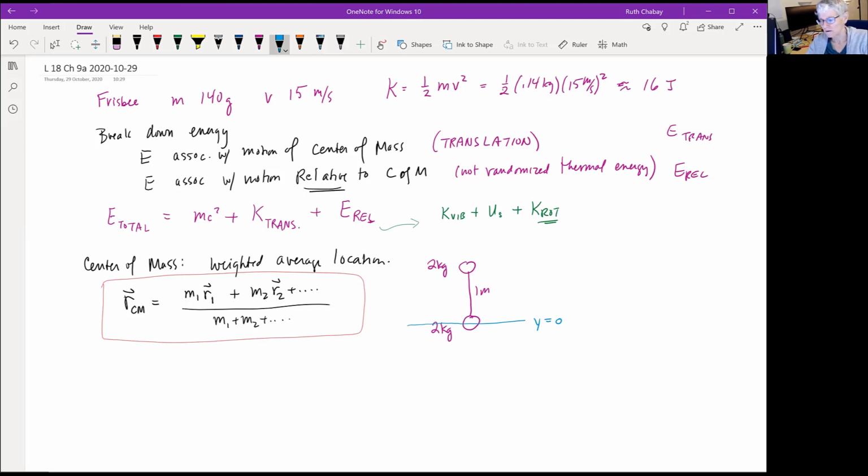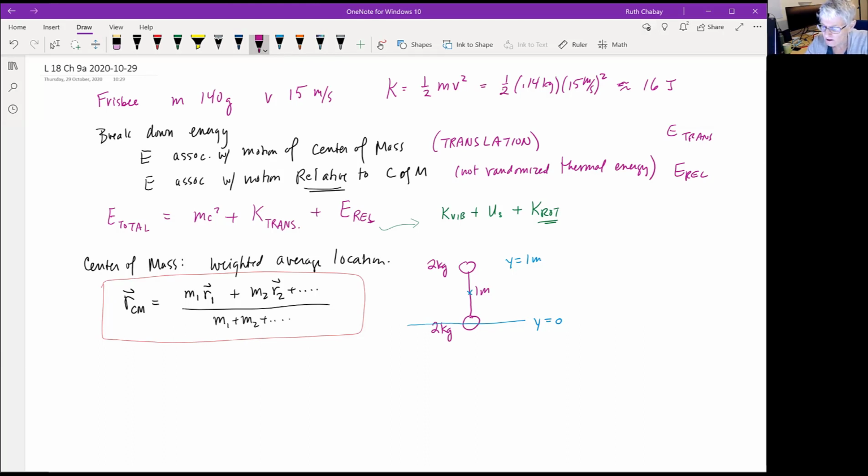So this sphere is clearly at y equals 1 meter. And so presumably the center of mass here, for the moment, we're neglecting the mass of the rod. These are massive balls, and so the rod has a low mass compared to the balls. So we should expect the center of mass to come out somewhere near the center of this thing, presumably.